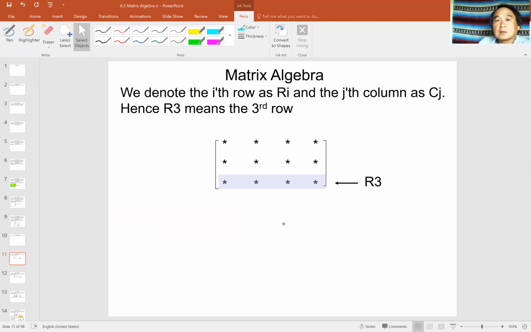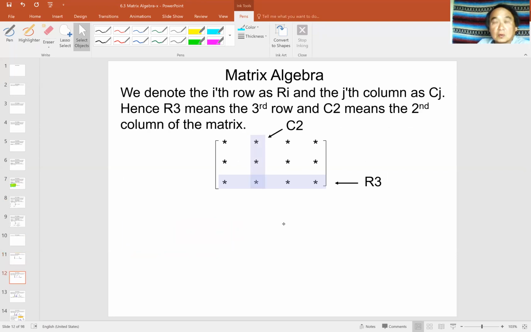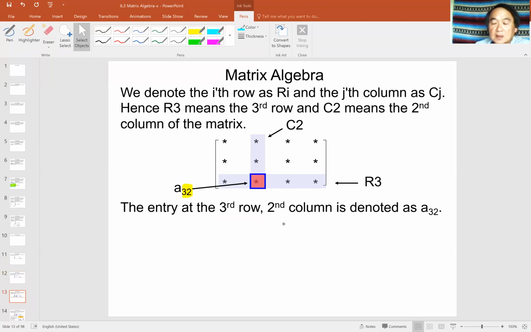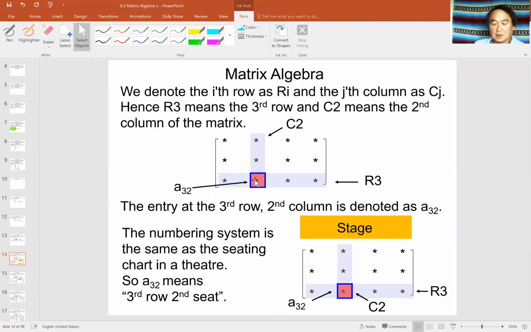And positions. We want to talk about a particular row, here is row 3, and here is column 2. The place where they intersect, that position, we call the entry 3, 2. So the third row, second column entry. In general, we can think of this as a stage above. The entry positions are the seats in your theater, and the stage is up ahead, on top of the matrix.